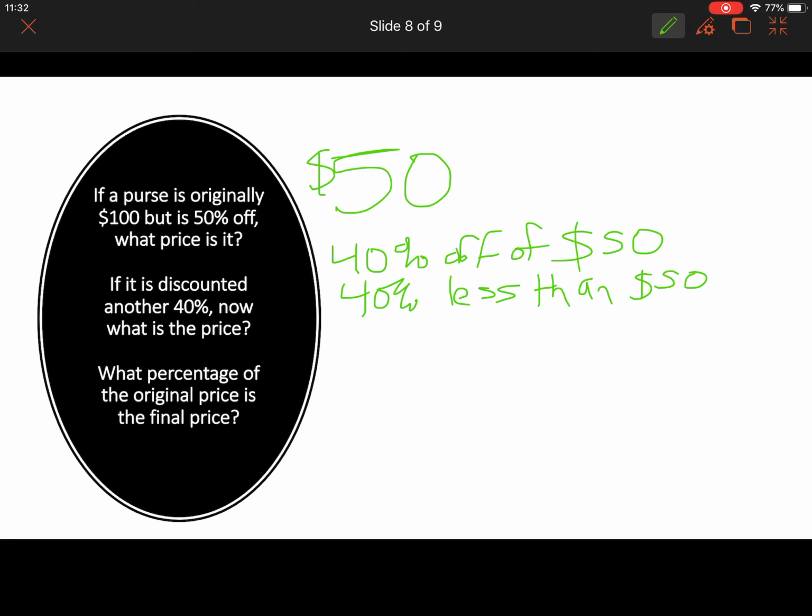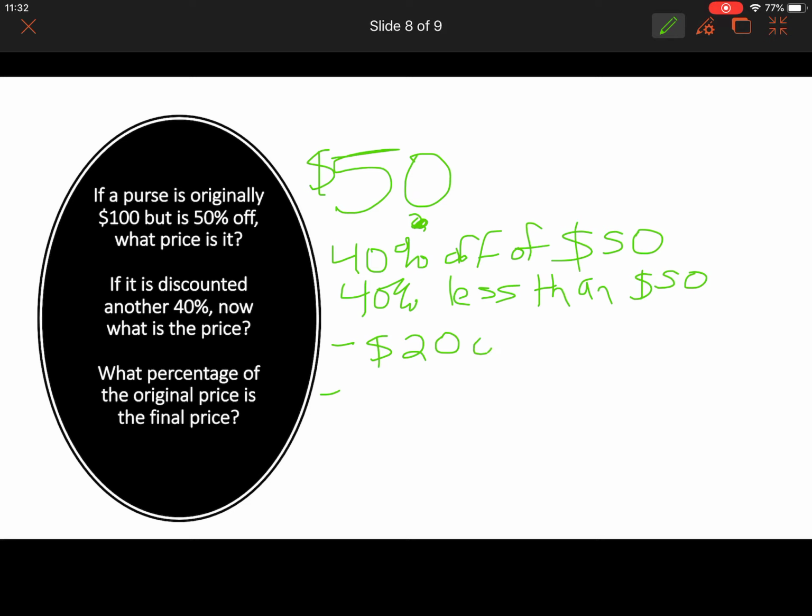And so we tend to try to find 40% of $50, which we could. It's $20, but that's not what we're paying. It's $20 off $50. So 40% off of $50 is $20. I'm going to write this two ways.